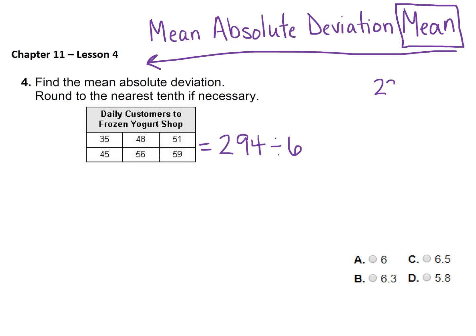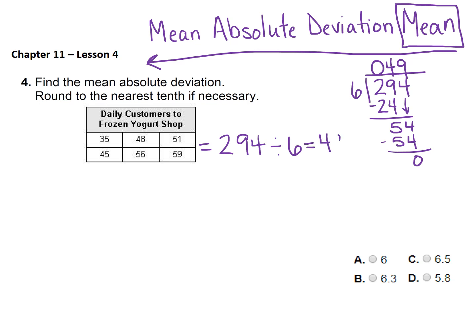So 294 divided by 6. 4 times 6 is 24. Gives me 5 left over. Bring down the 4. 9 times 6 is 54. Okay, so my answer, or the mean, is 49.